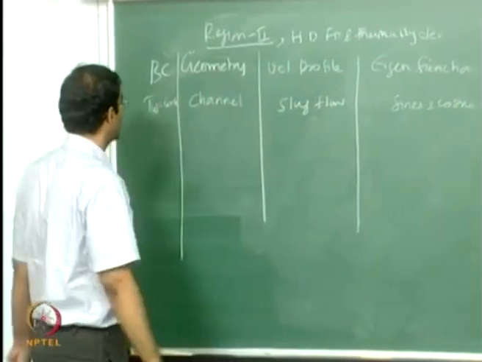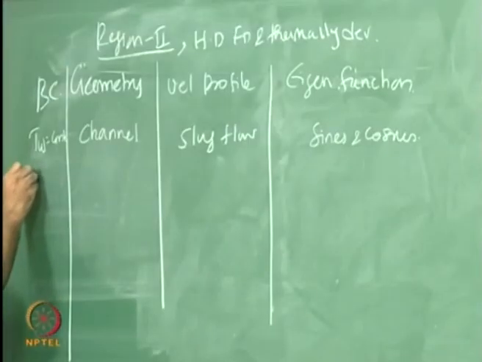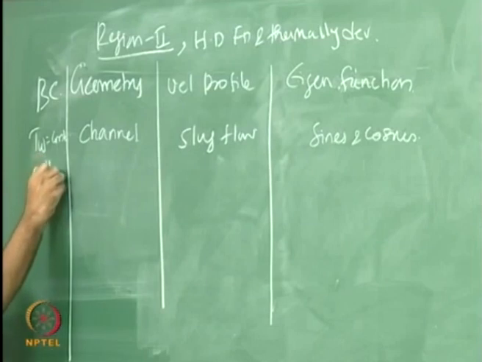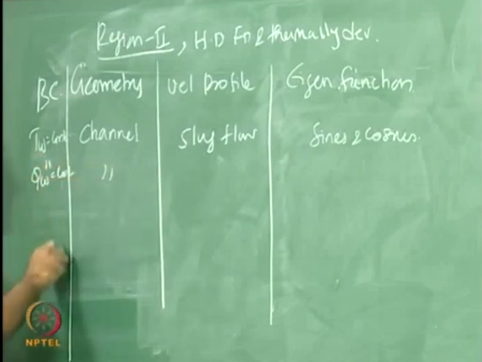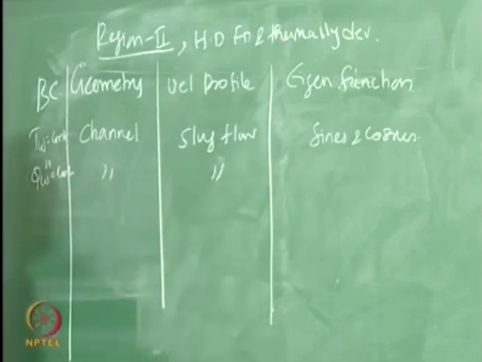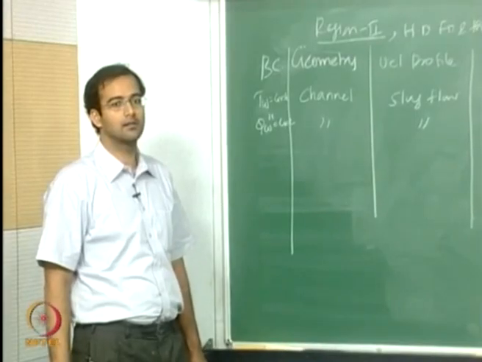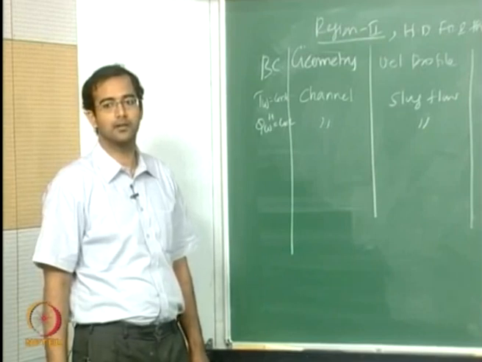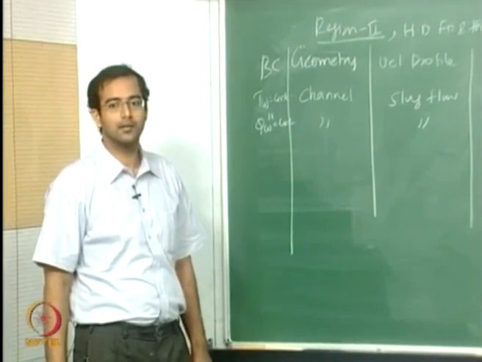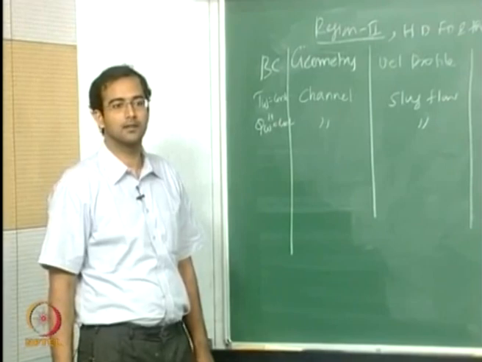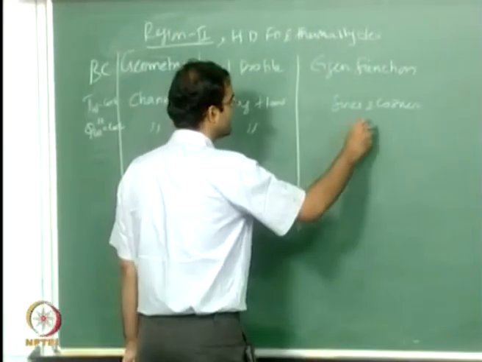Okay, when it comes to constant wall flux, the same thing, and slug flow. What will be the eigenfunction? Still it will be the same.